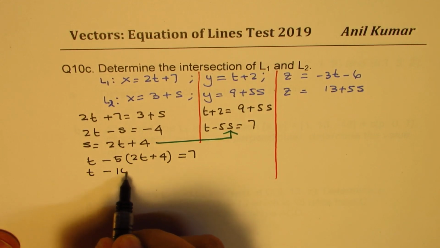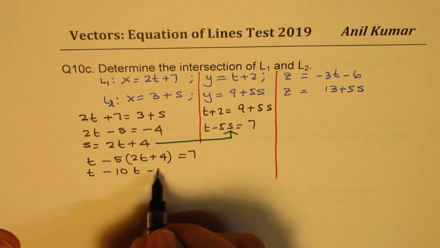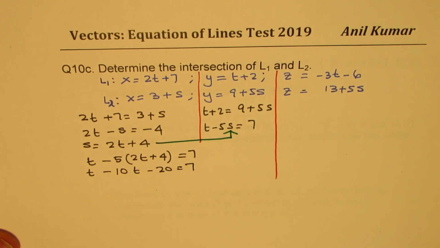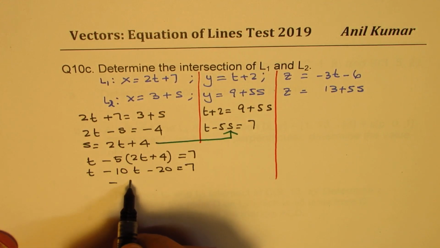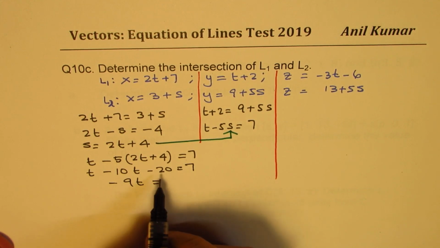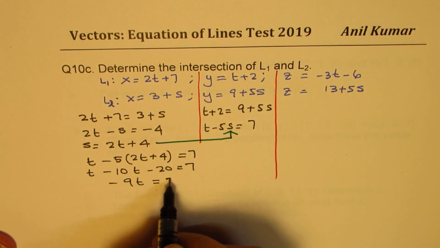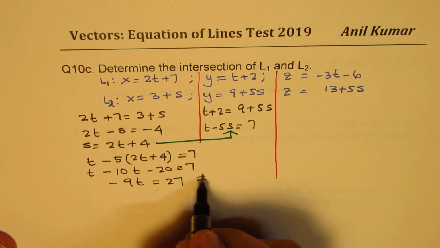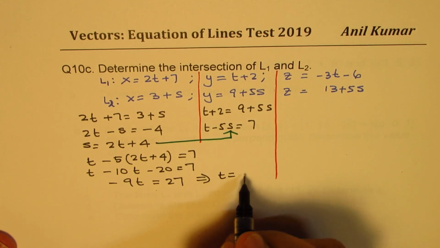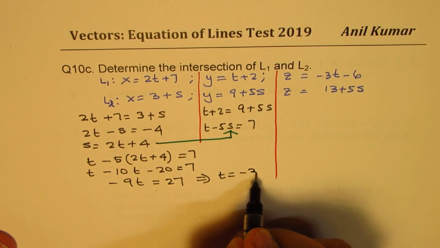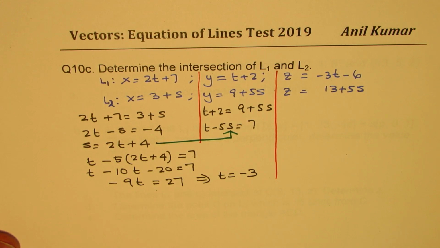So t minus 10t minus 20 equals 7, and that gives us minus 9t equals 27. And that gives you the value of t as equal to minus 3. So we get t as minus 3 here.